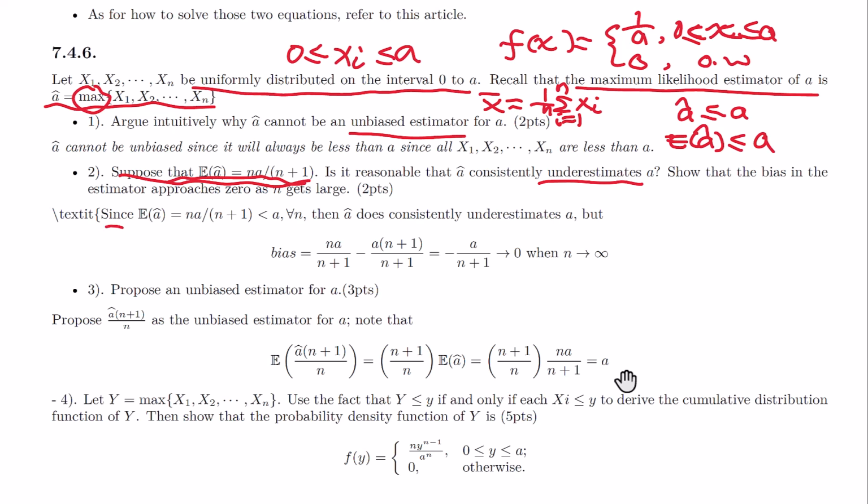Because this, n over n plus 1 times a, is always going to be less than a. Because the smallest value of n is 1. If you take 1 in there, it's 1/2 a, which is of course less than a because a is greater than 0. But take a look right here. This bias is not that terrible, especially when n goes to infinity. You see this bias goes to 0.